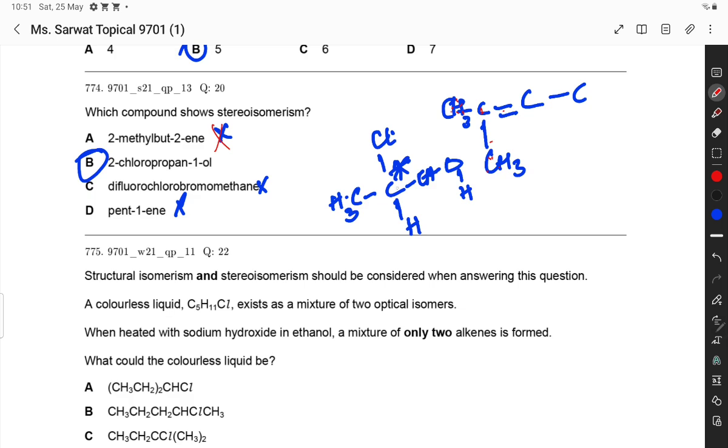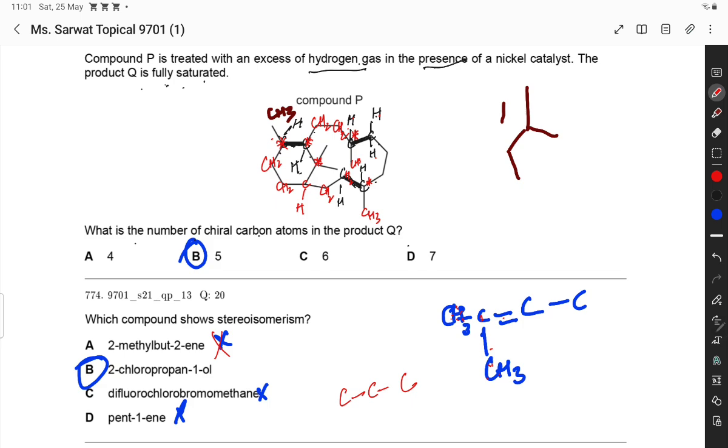2-chloropropan-1-ol. This is the structure of 2-methylbutane, so this is incorrect, and look here, 2-chloropropan-1-ol.